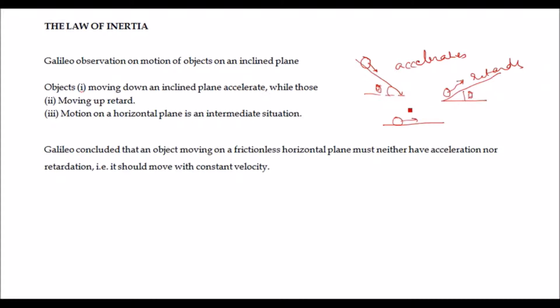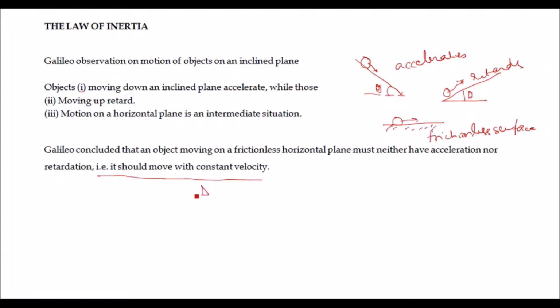So Galileo concluded that an object moving on a frictionless horizontal surface, see, this is the frictionless surface, so there is no external force, no frictional force is acting on this object, must neither have acceleration nor retardation, and it should move with constant velocity.